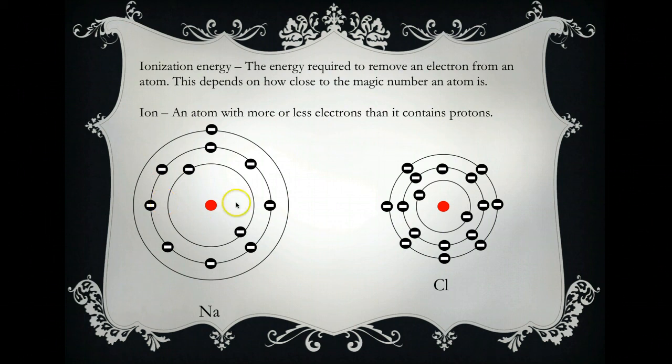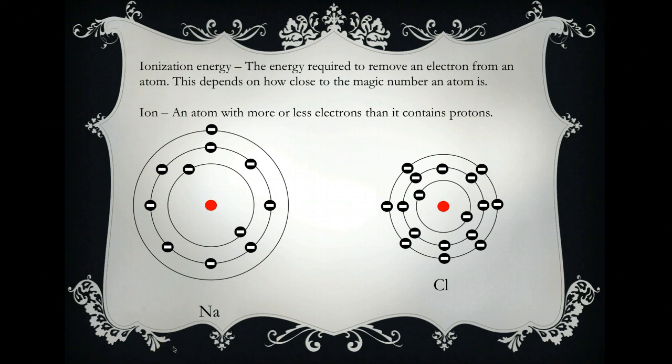So we've been talking up to now about elements having the same number of protons and electrons, but sometimes the electrons get removed, and when they do, the proton number doesn't change, it stays the same. So if we lose a negative electron, then the net charge of that atom is going to be a +1.